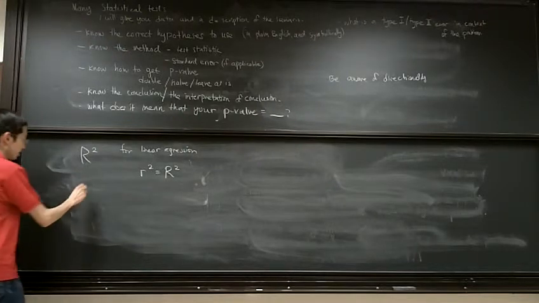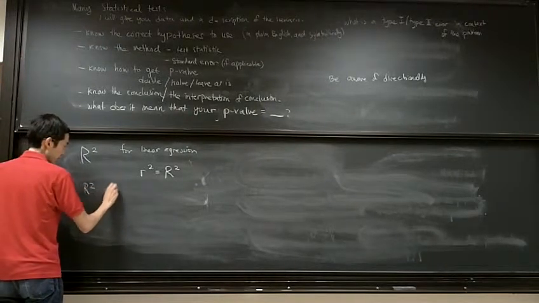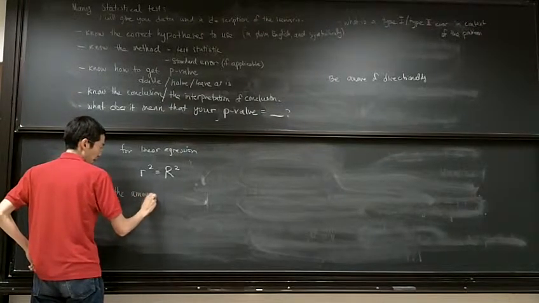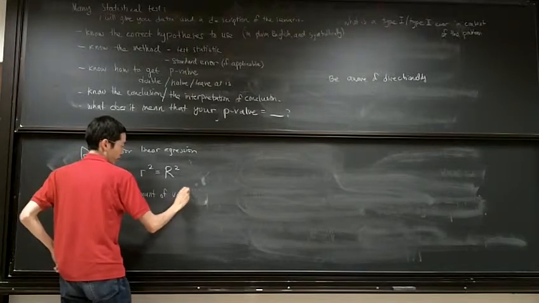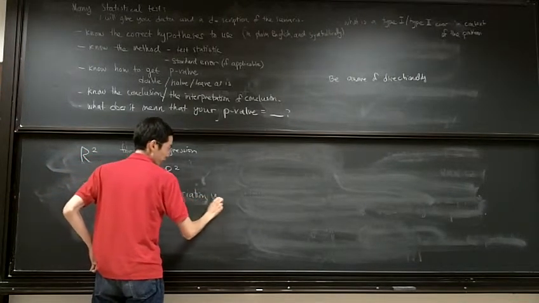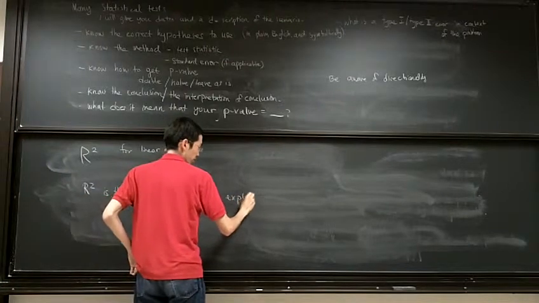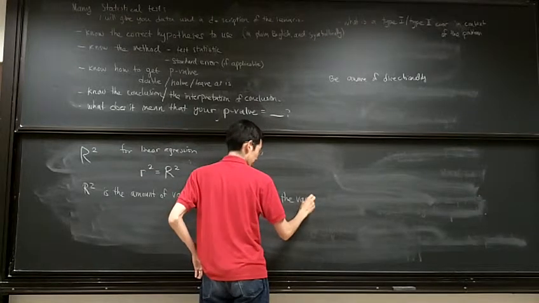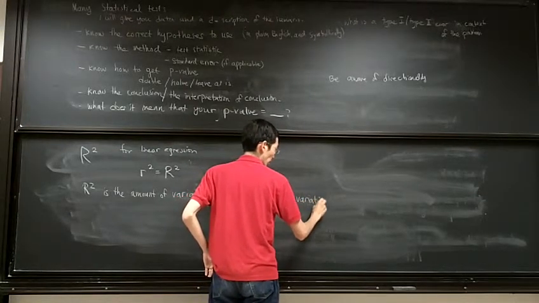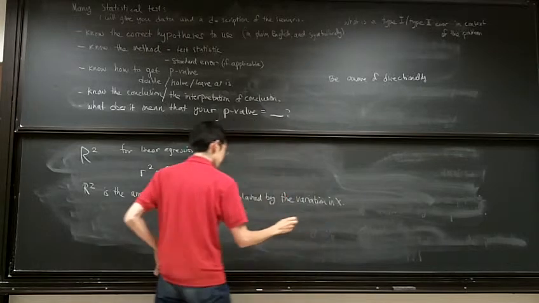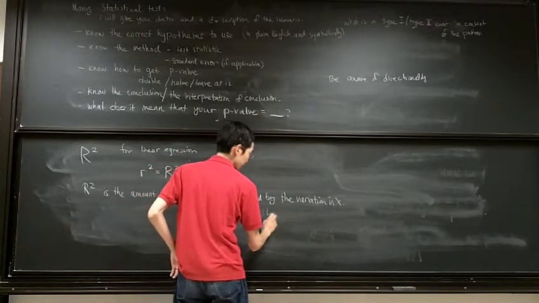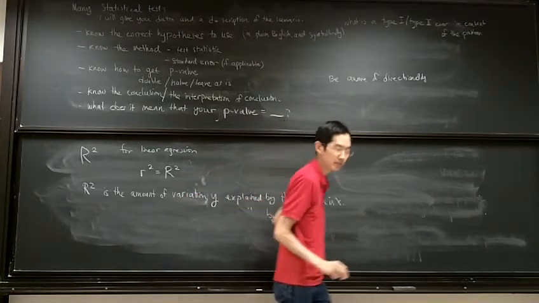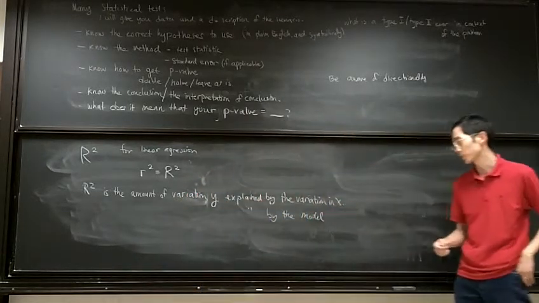And R squared is the amount of variation in y explained by x, or in general, explained by the model. This first line only applies for linear regression.